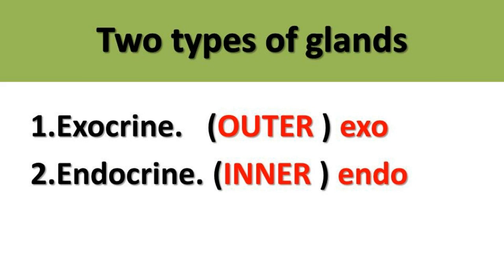Endo means, I already told you, no? Some glands secrete inside our body. So exo means outer. Endo means inner.